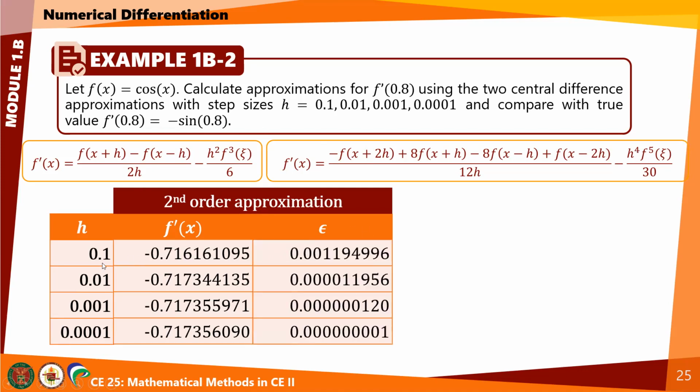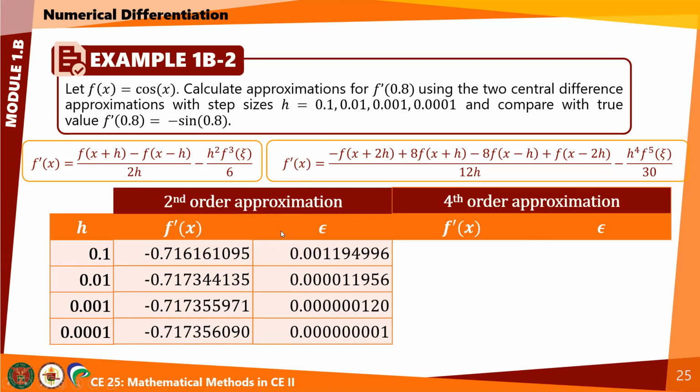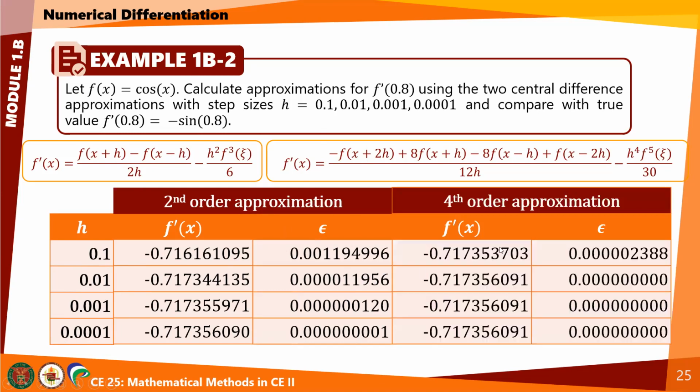As you can see, as you decrease the value of h, of course, the approximation is more accurate. And for fourth order approximation, ayan. Again, as you decrease h, it becomes more accurate.